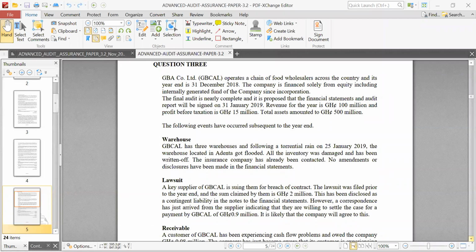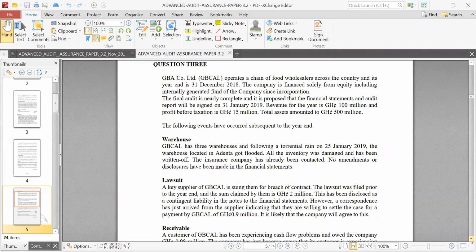GB Eco Limited, bracket GB Cal, operates a chain of food wholesalers across the country, and its year end is 31st December 2018. The company is financed solely from equity, including internally generated funds from the company since incorporation.